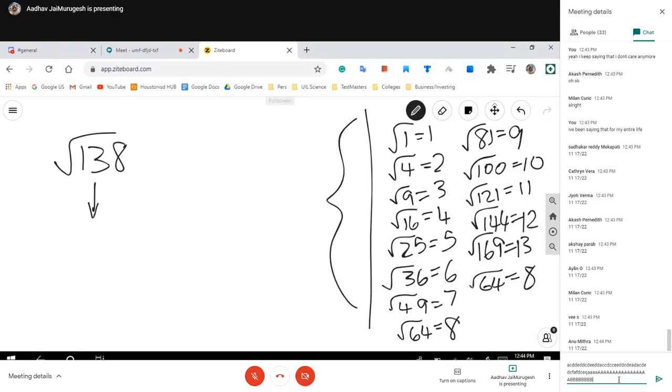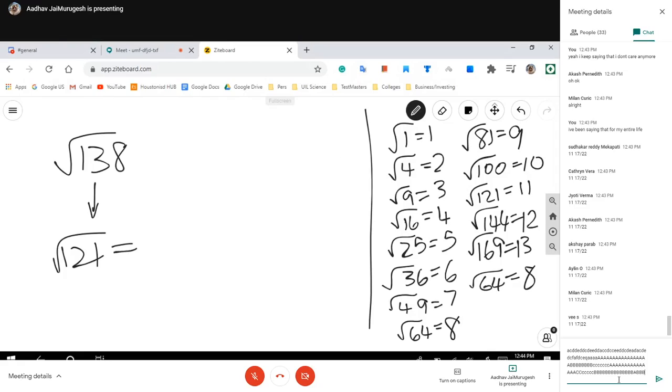You kind of do have to memorize them to do this trick, and it will help you in the future, not only for this trick but for many other tricks. So the closest perfect square is 121, and the square root of 121 is 11.